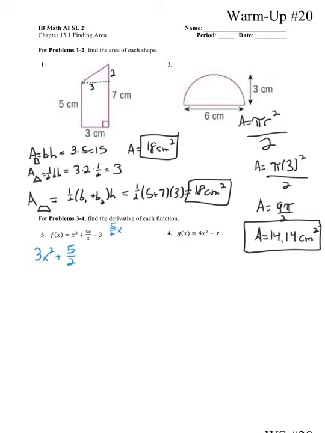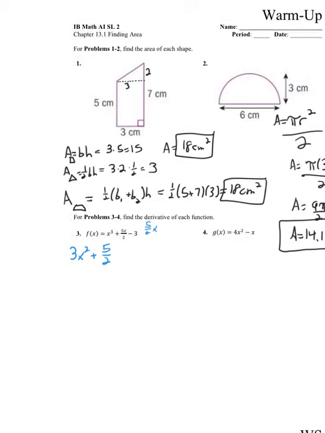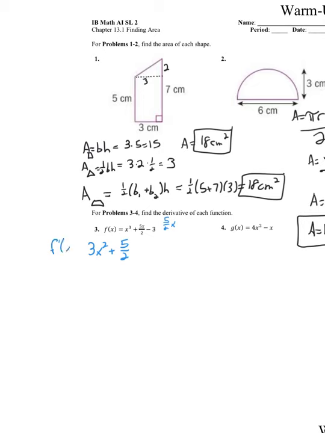And don't forget we want to write that as f prime of x equals. And problem 4, g prime of x equals 8x minus 1. All right, just for simple derivative practice there. Okay, that's the idea for these first couple of problems.